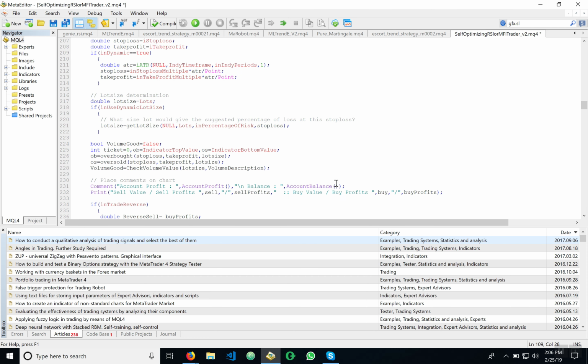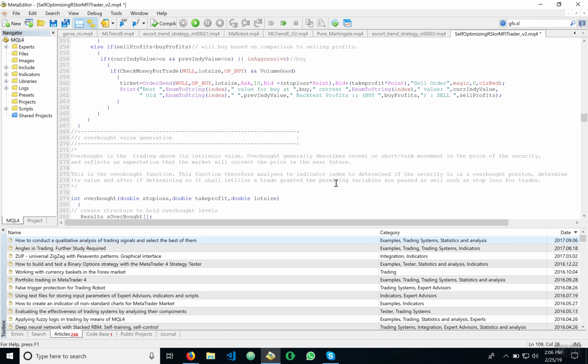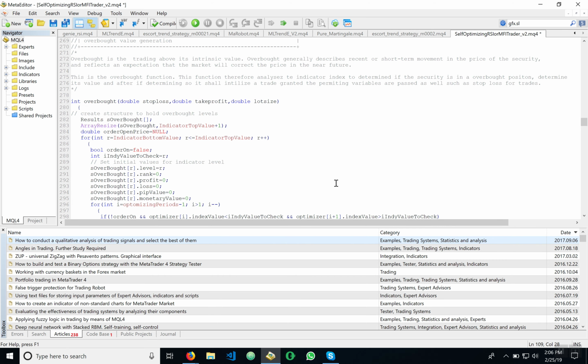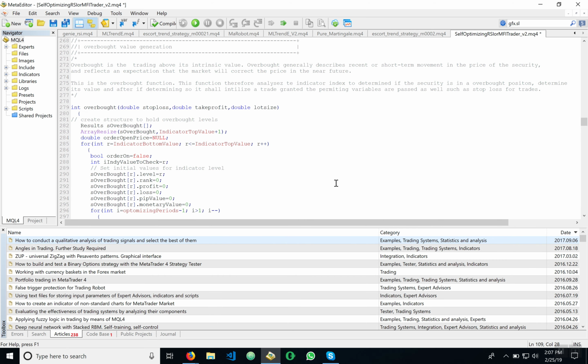So it grabs this at the beginning. Now let's look at our next important function, which is the overbought value generation. This is an important function to the expert advisor. So basically, first off, overbought is trading above its intrinsic value. Overbought is generally described as the recent or short-term movement in price of the security and reflects expectation that the market will correct in price in the future.